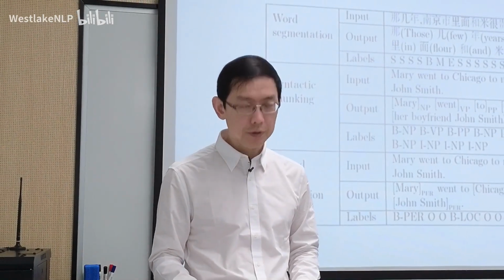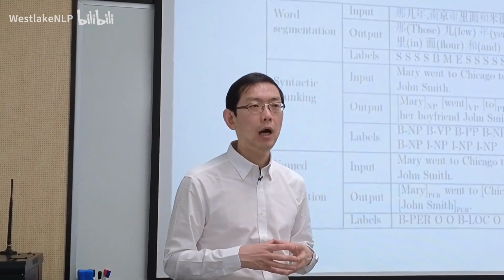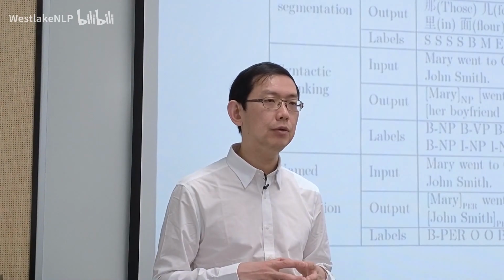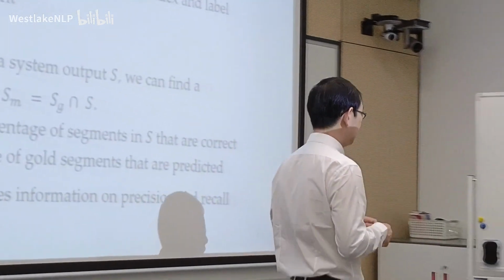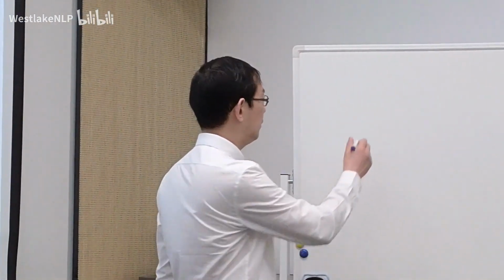When we introduce the task, we have to introduce how do you evaluate the model output. We discussed this for text classification, where we use accuracy for evaluation. But for sequence labeling, we have yet to discuss it. It turns out that evaluating sequence labeling tasks is relatively easy.